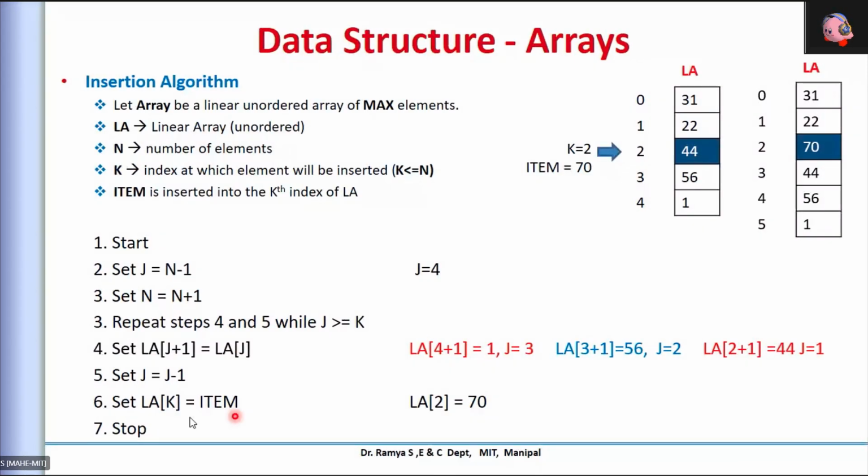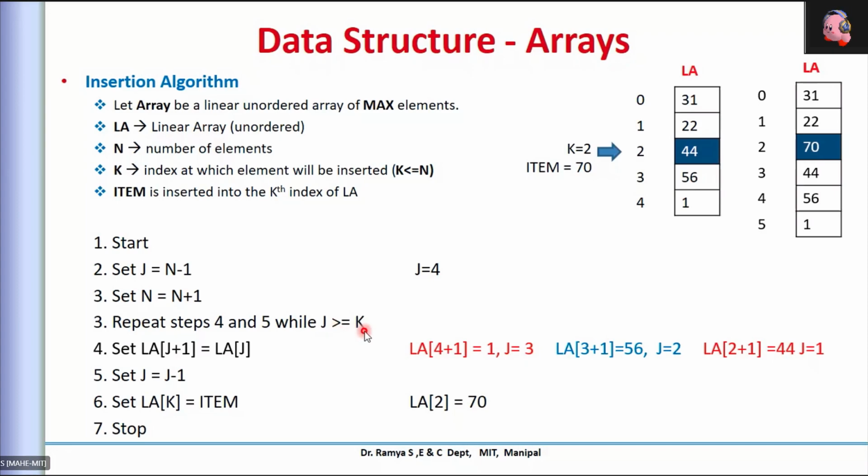Now j is holding the value 3. So whatever element is at the third position is going to shift to the fourth position. That is what it is repeating here. So steps 4 and 5 are going to be repetitive until j is no longer greater than or equal to k.